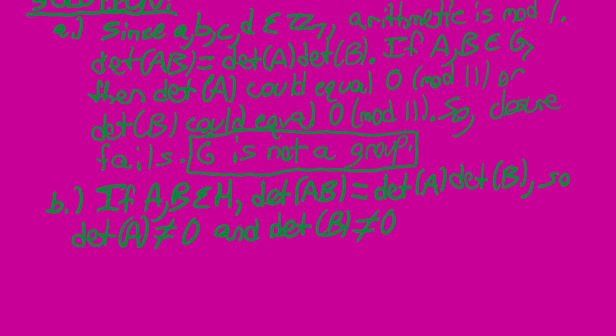So let's have A and B be elements of H. Then the determinant of these two multiplied is equal to their individual determinants. So the determinant of A cannot equal 0, and the determinant of B cannot equal 0.